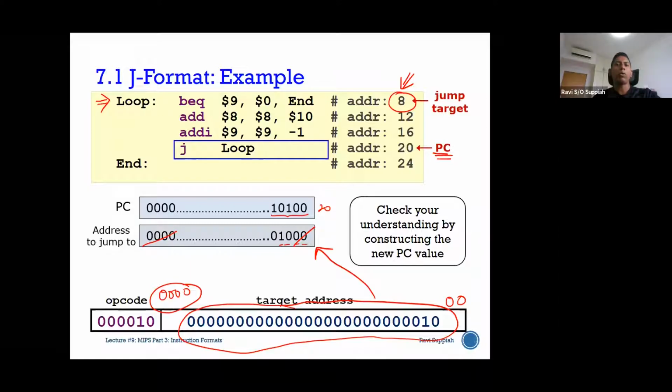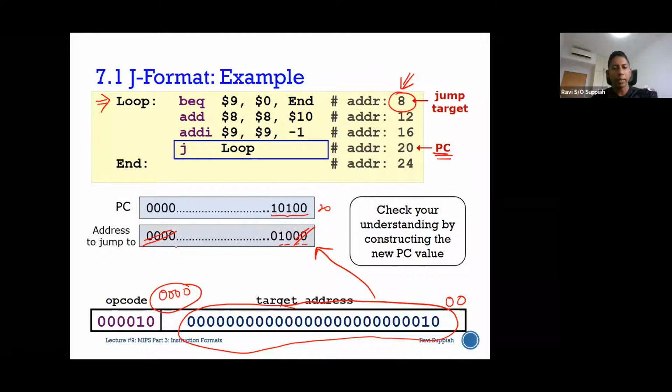So this address is 32 bits, correct? And from these 32 bits, I need to extract out 26 bits. How I extract out 26 bits is I remove the last 2 bits, because that is always going to be 0. And I also remove the upper 4 bits, because that is the PC plus 4, which is going to be retained.